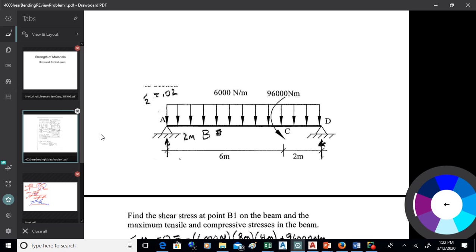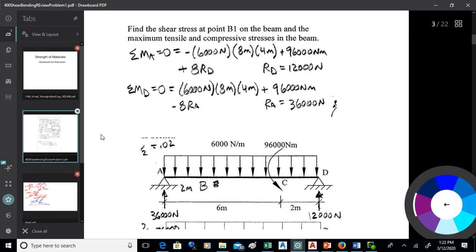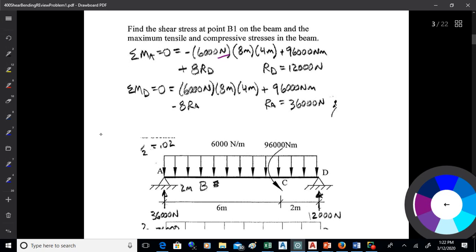Okay, so hopefully if you're online you had a chance to work those out. There we go. So we got the sum of moments about A: the 6,000 newtons, and actually I've got a little typo there, that should be newtons per meter, shouldn't it? Times the distance over which it acts, which is 8 meters.